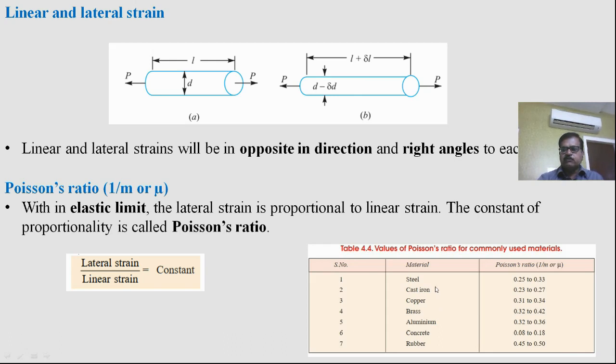Several engineering materials have Poisson's ratios like this: cast iron 0.23 to 0.27, copper 0.31 to 0.34, brass 0.32 to 0.42, aluminum 0.32 to 0.36, and concrete is very low at 0.08 to 0.18.